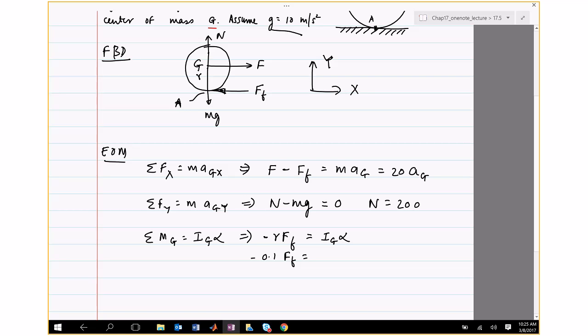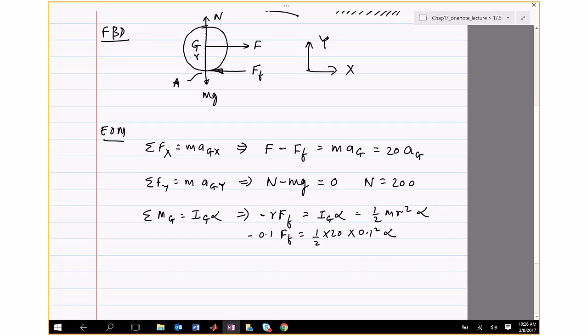Ig for a disk is mr squared divided by 2, so it's going to be half times 20 times 0.1 squared times alpha. Once you do the simplification, what you get is Ff equals alpha.